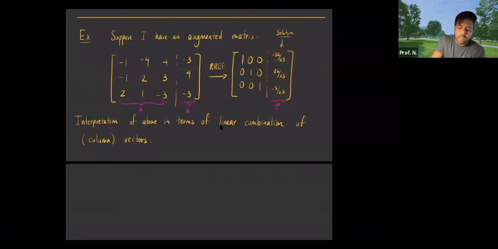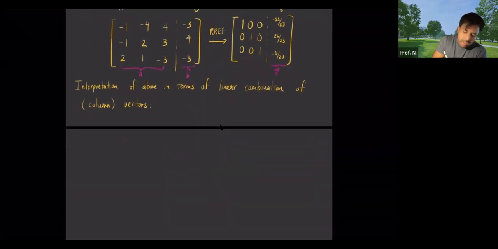So let me write this out then. So far this is A, right? A multiplied by X equals B. And we got 1, negative 4, 4, negative 1, 2, 3, 2, 1, negative 3. This is A. Then I'm multiplying this by an unknown.